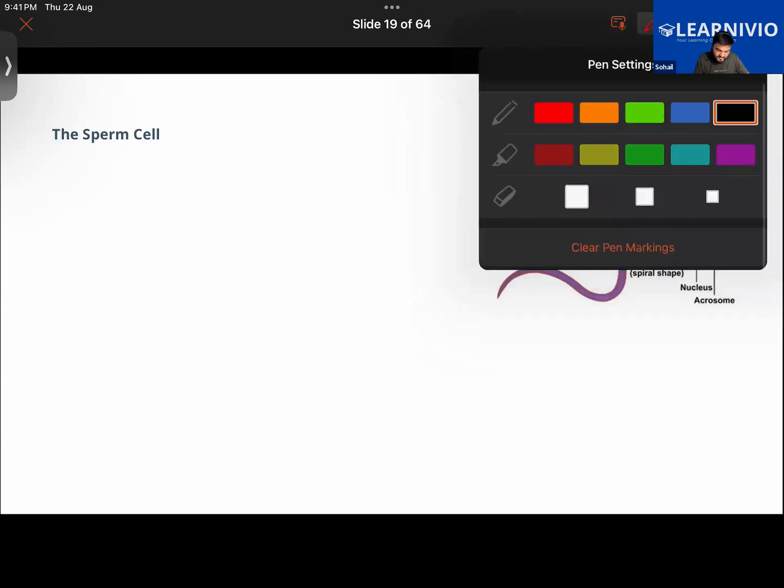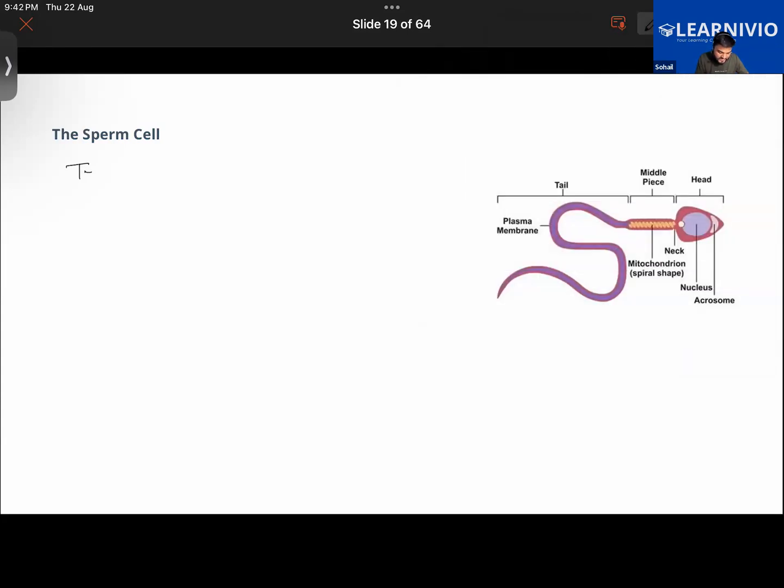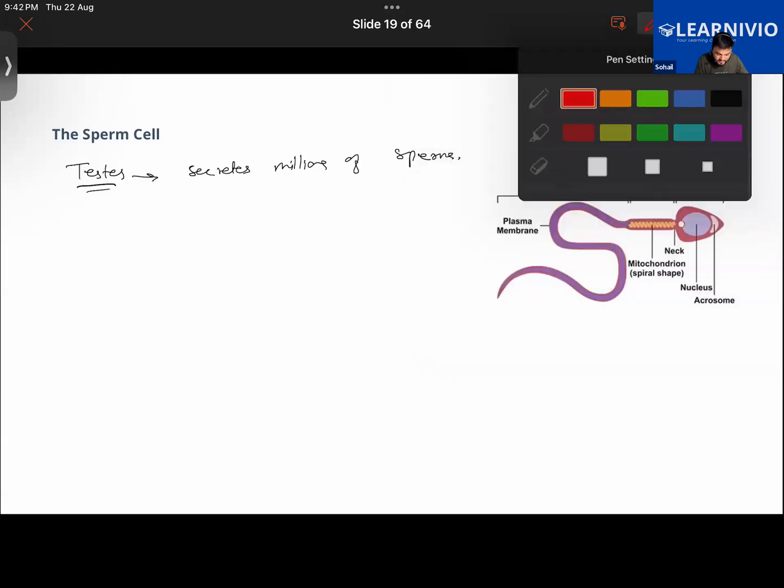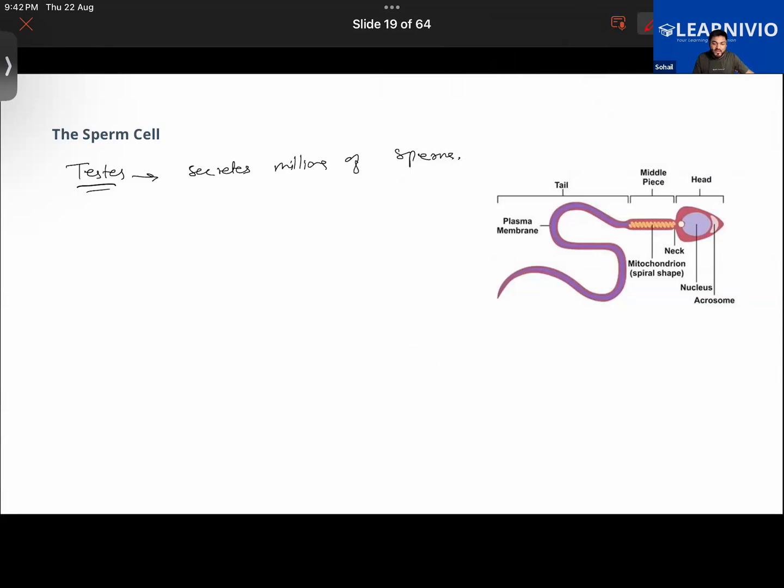First of all, try to get to know that the testis, or the testicles, would be secreting millions of sperms at a single time. Millions of sperms would be produced by the testis, right? A sperm is a single cell.